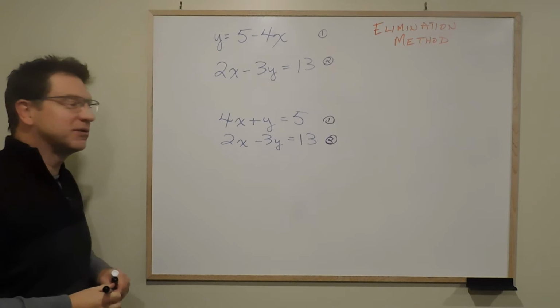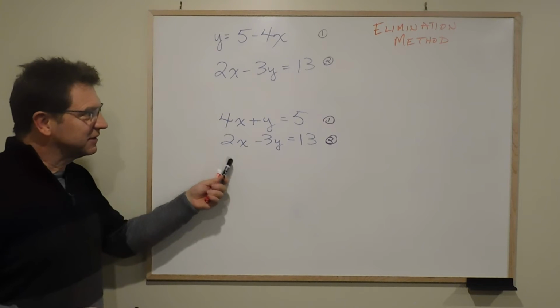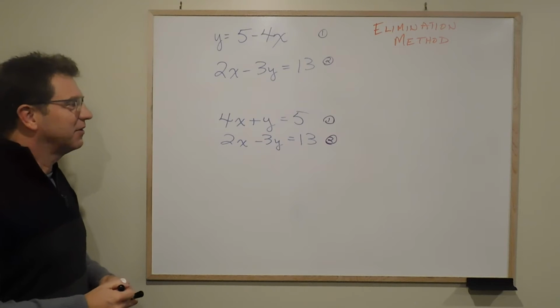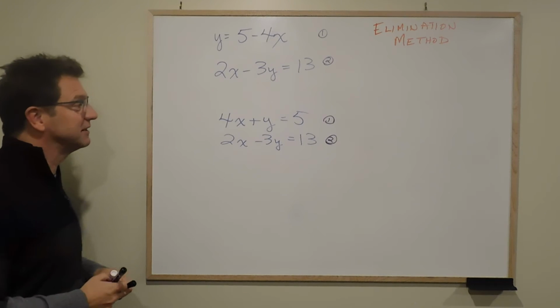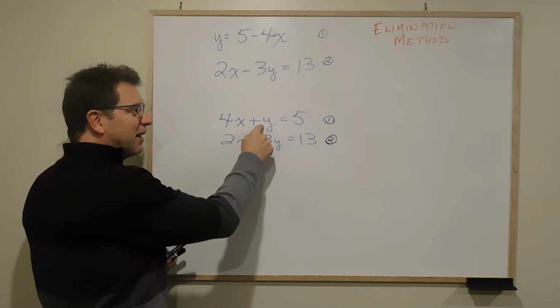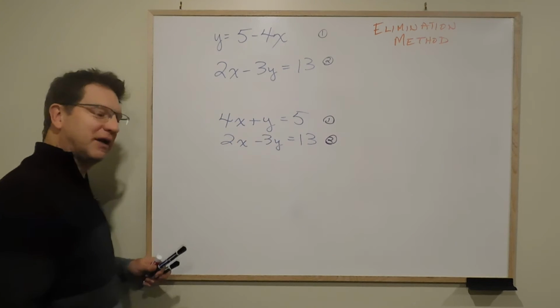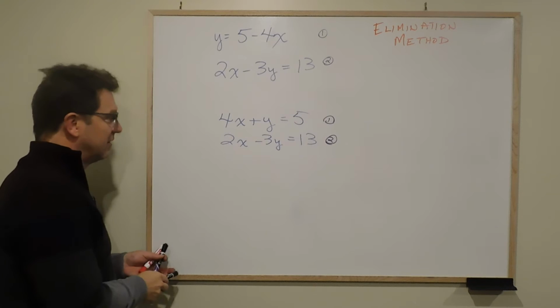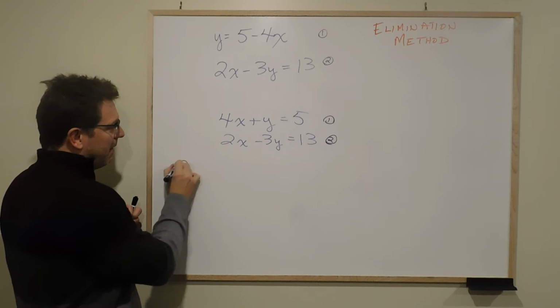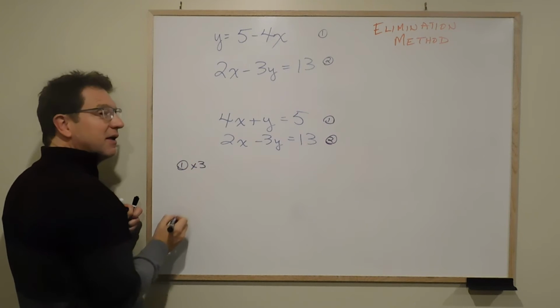And now I need to match them up. I can match up the x's, or I can match up the y's. I matched up the x's last time on the previous video, so we're going to match up the y's this time. If I don't touch this one, but I multiply this one by 3, I'll have 3 for both of them. So I am going to take number 1 and multiply it by 3.